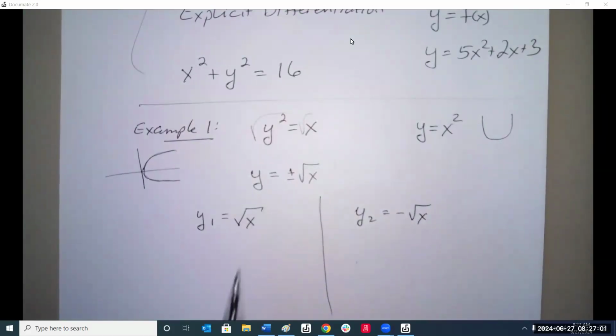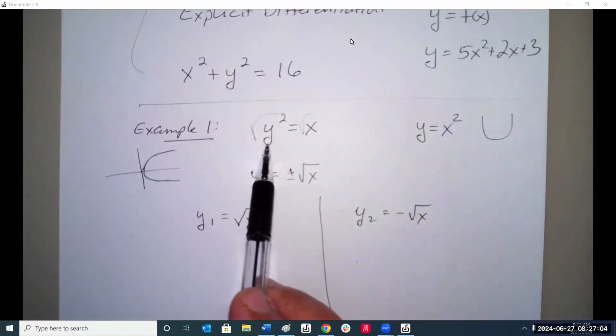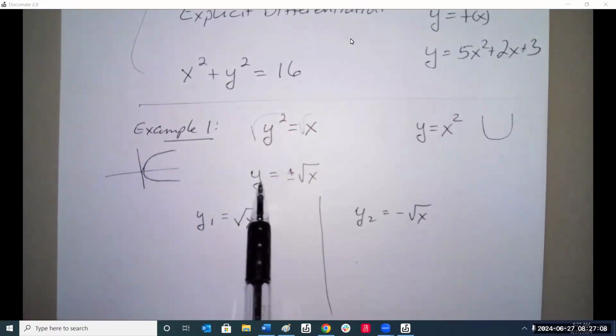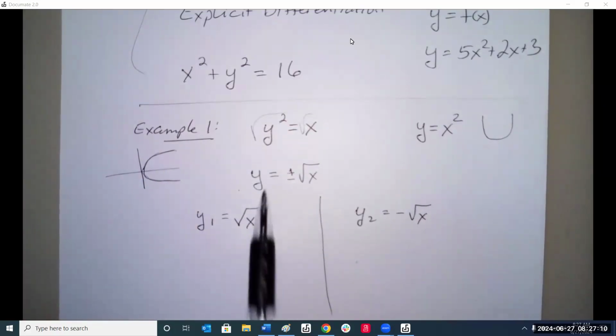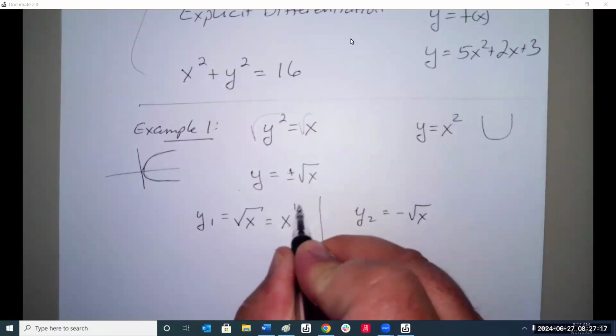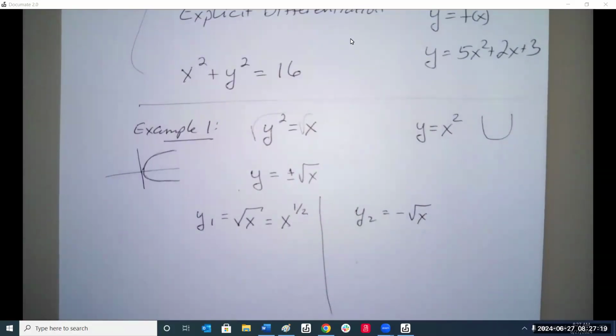So now we have to take a derivative of y squared equals x. Typically what we do is make it explicit, so we solve for y. Now we're going to take a derivative, so we have to rewrite this one as x to the power 1/2.